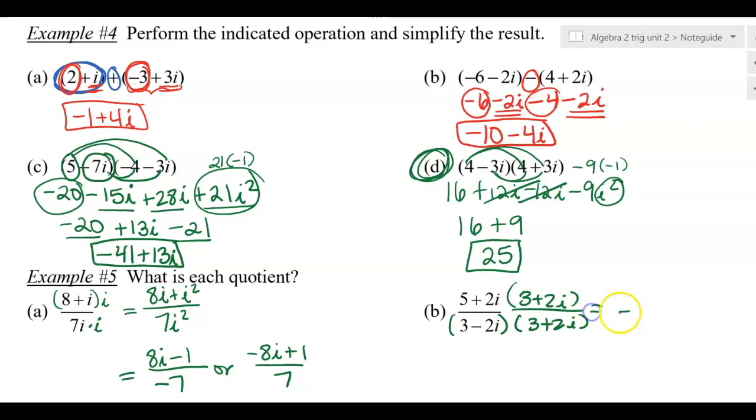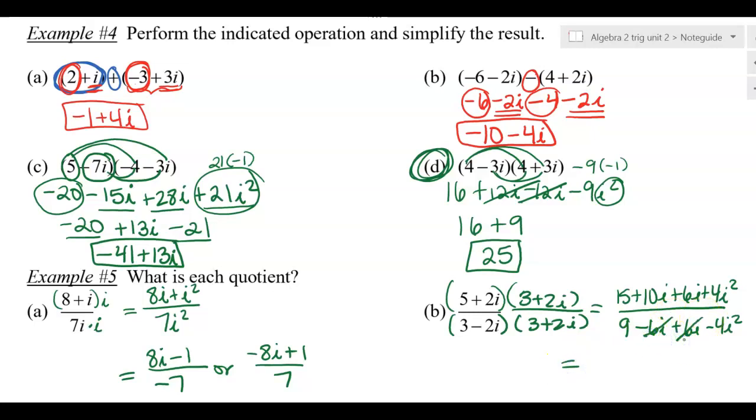So here we would end up with, in the denominator, a 9, and then we'd have a minus 6i and a plus 6i, and then a minus 4i squared. And in the numerator, we have a 15 plus 10i, a 6i, and 4i squared. So here we got what we wanted.